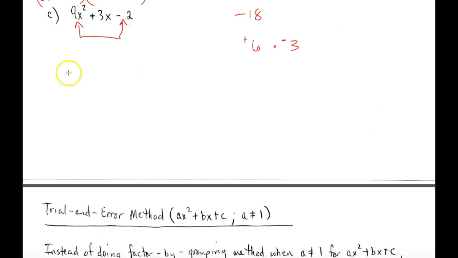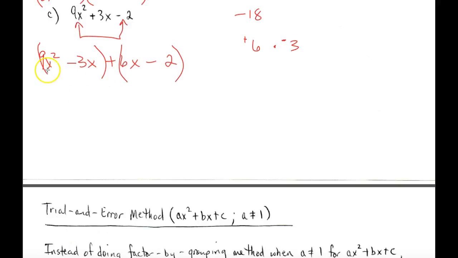So now we take 9x squared and rewrite plus 3x as, and I'm going to do it this way, minus 3x plus 6x, and then minus 2. Okay, so if I do it that way, then I can group and don't have to worry about changing the subtraction signs to plus and negative.